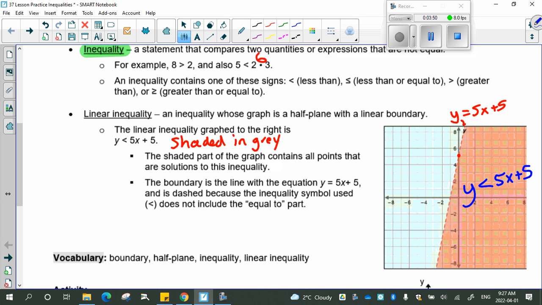Underneath it would be all the points, not numbers, but points, that are less than 5x plus 5 that satisfy that inequality. Okay? So let's take an ordered pair, for example, here.